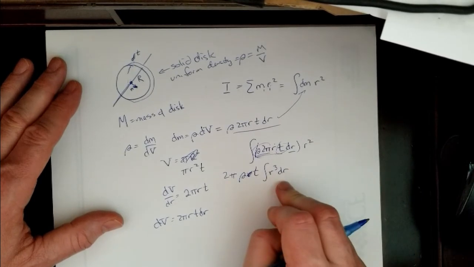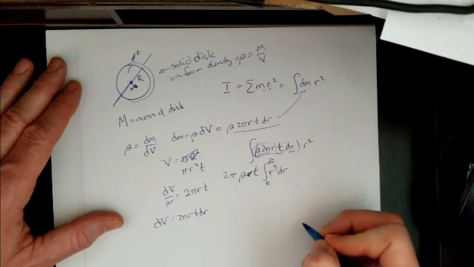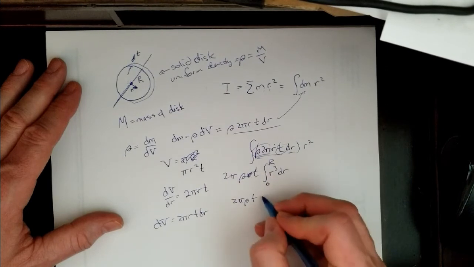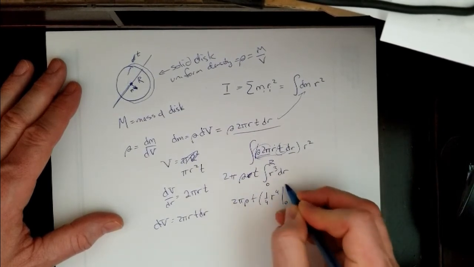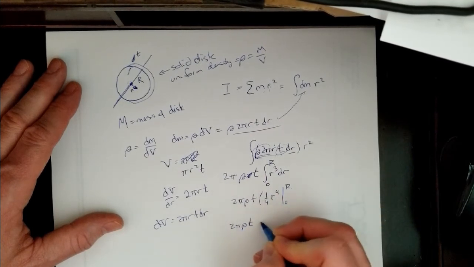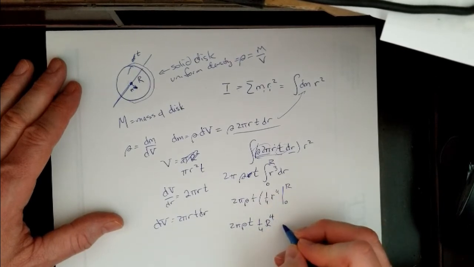I now have a single variable. My radius is going to go from 0 to big R. And so I have 2 pi rho t times 1/4 r to the 4th from 0 to R, which is 2 pi rho t times 1/4 big R to the 4th minus 0.